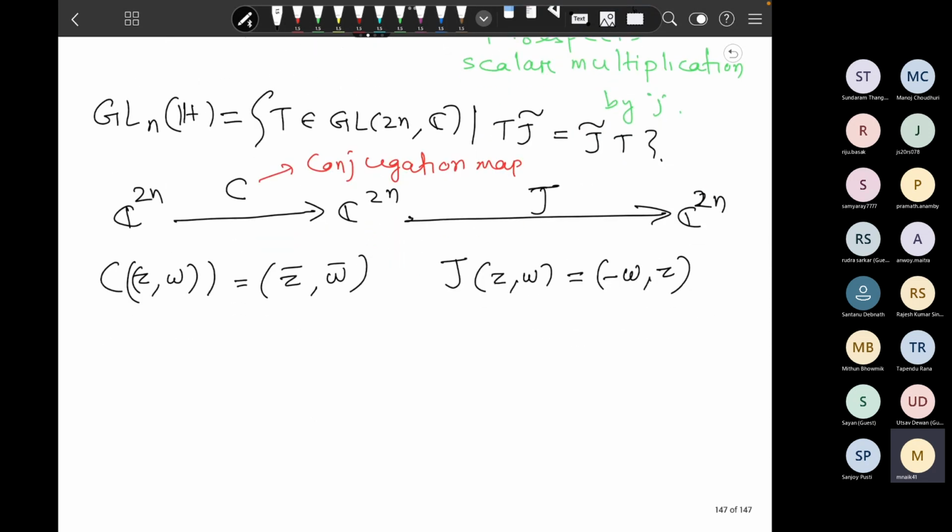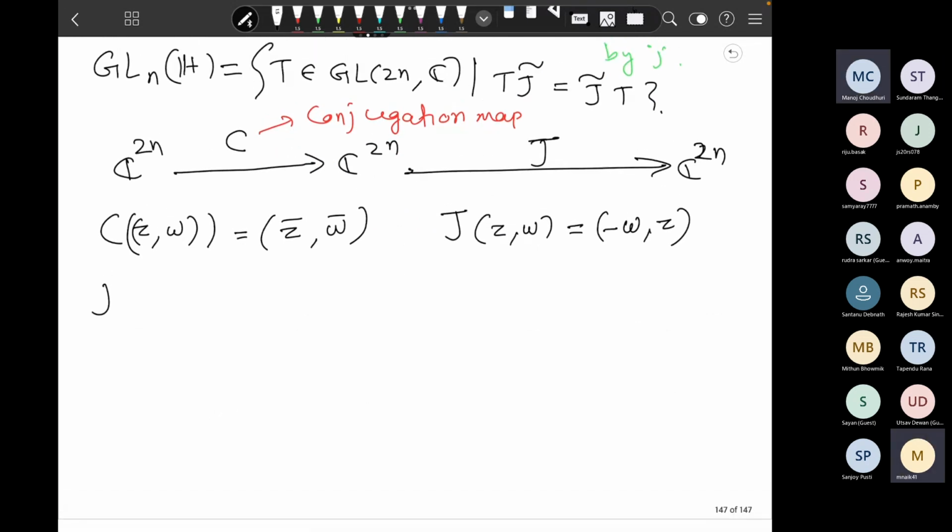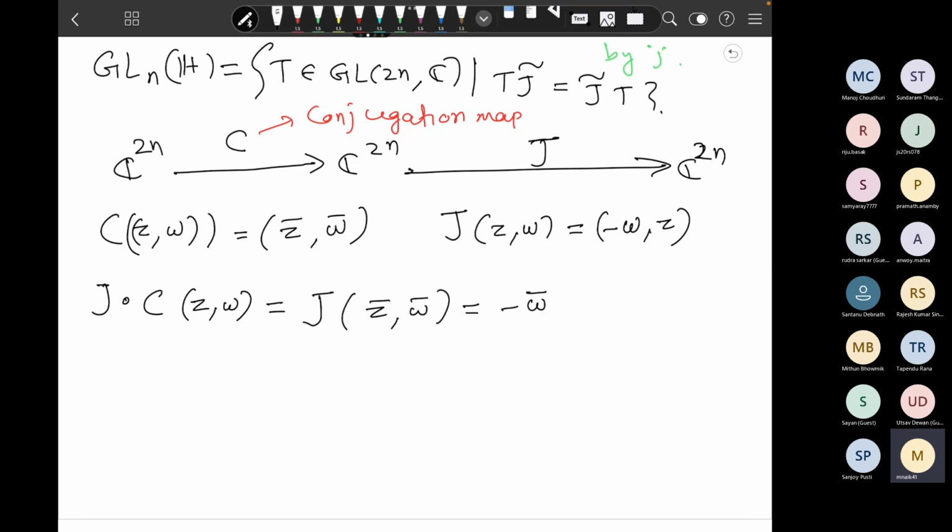Okay, so now I look at this. C is just the conjugation map, and what is J composition C of (Z, W)? This is nothing but J of (Z bar, W bar), and this is really (minus W bar, Z bar).